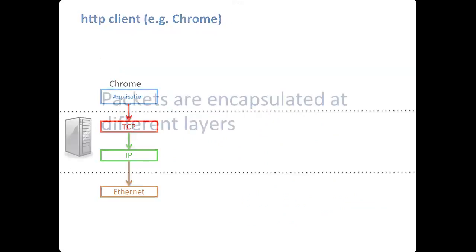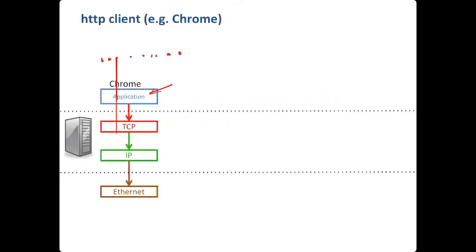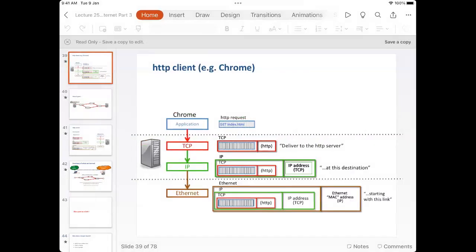Okay, all right. So now the application creates data like this. Now this data goes to the next level, that is TCP. TCP will put this inside its own header, in its own packet, right? So it's something like this.